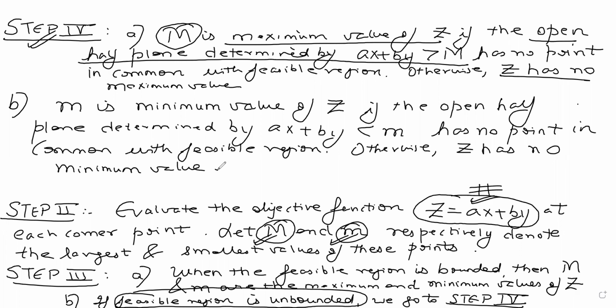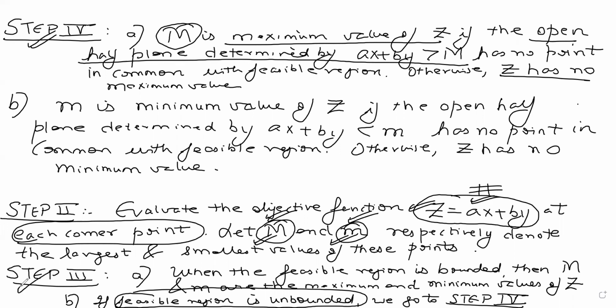Once you have found the feasible region, you are going to find the corner points or the vertices of that feasible region either by inspection or by solving the equations of the lines intersecting at that vertex. Step number 2, in the objective function, you are going to put all the corner points you calculated in step 1. The largest value of Z will be called capital M. The smallest value of Z will be called small m.